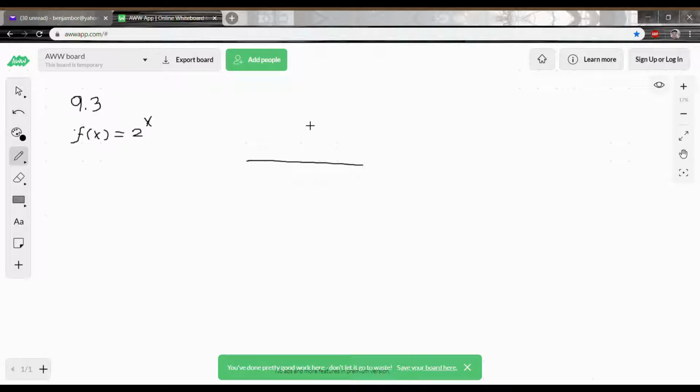Remember we did this a week ago. We had exponential functions that started with a slow increase and then grew exponentially, explosively.